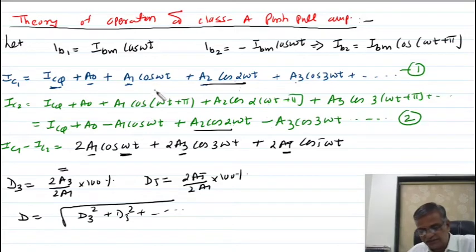Due to cancellation of this harmonic distortion, whatever ripple is present in the power supply after VCC is also removed. In this way, you can discuss your class A push-pull amplifier. Let us do two numericals.